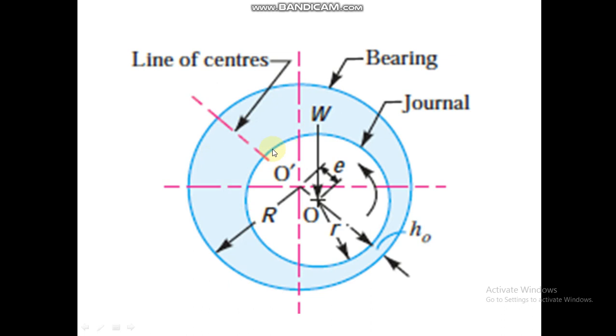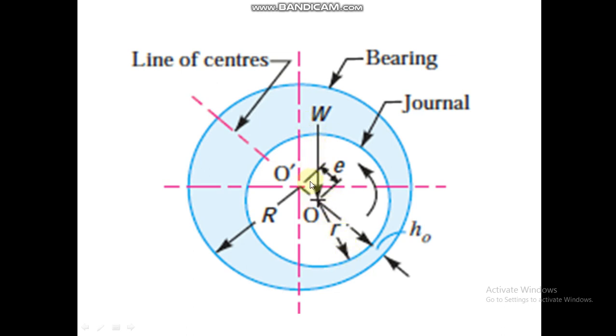So in this diagram, you can see the outer circle, this blue one, is the bearing, and the inner circle is the journal, or we can say shaft. O dash is the center point of the bearing, O is the center point of the journal, and the distance between the two centers is the eccentricity, written as E. Capital R is the radius of the bearing and small r is the radius of the journal.